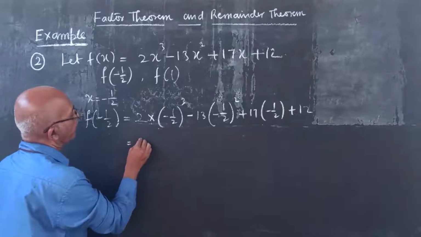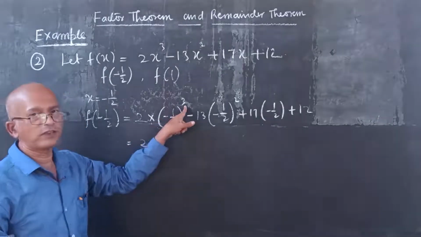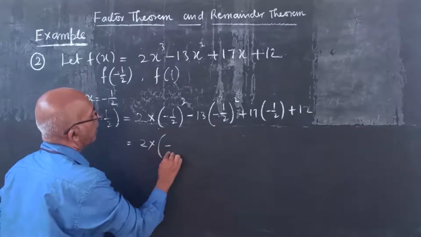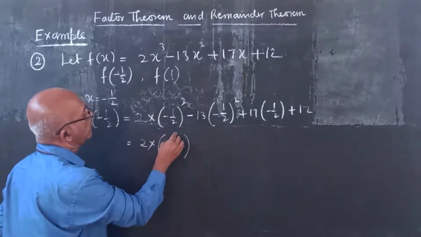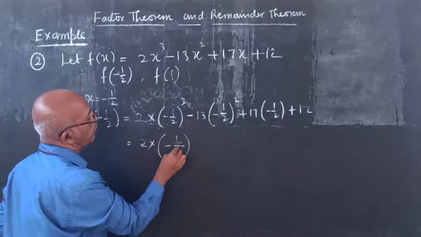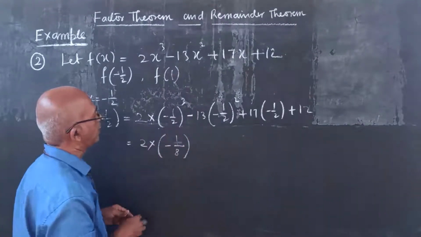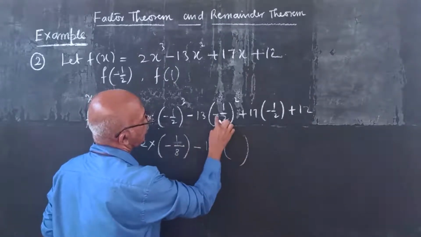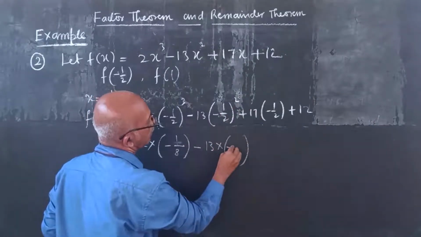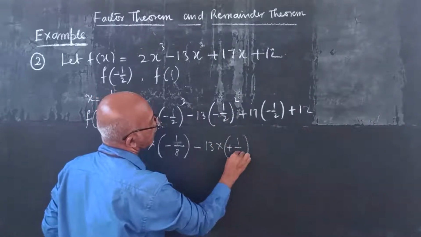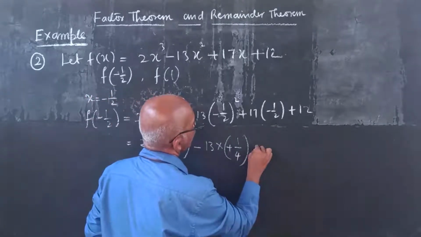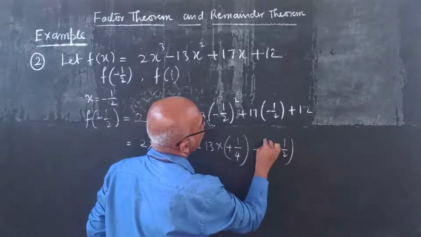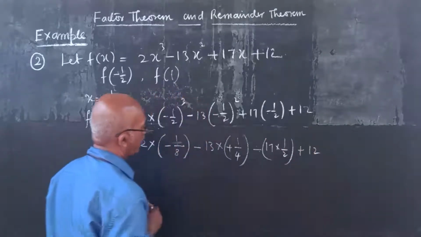Now this is equal to 2 into, here the power is 3, so the answer will get a minus sign because 3 is an odd number. 1 cube is 1, 2 cube is 2 into 2 into 2, that is 8. Then minus 13 into minus half whole square: 2 is an even number, so you will get plus. So 1 by 2 square is 1 by 4. Then plus 17 into minus 1 by 2, plus 12.